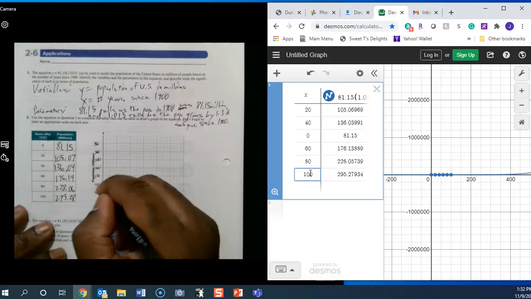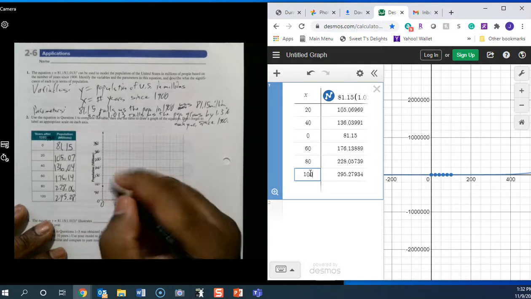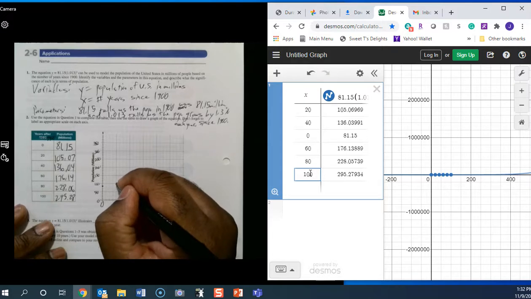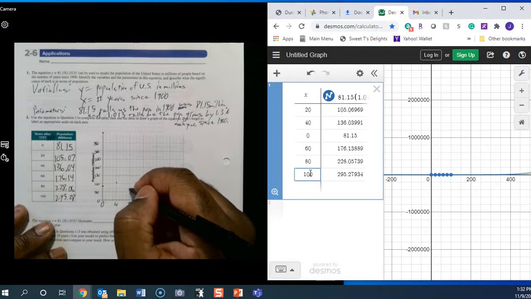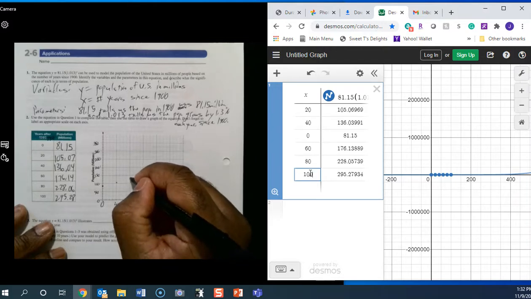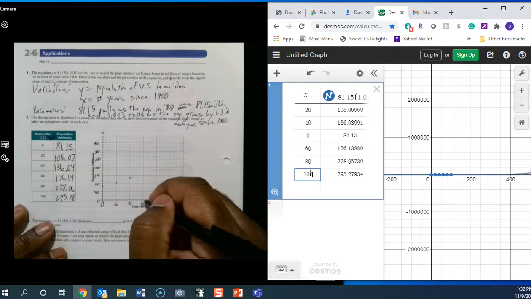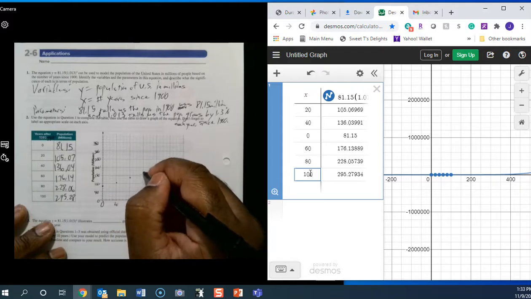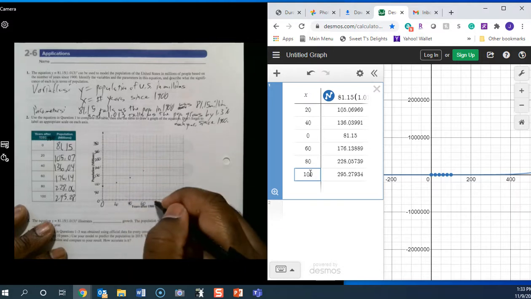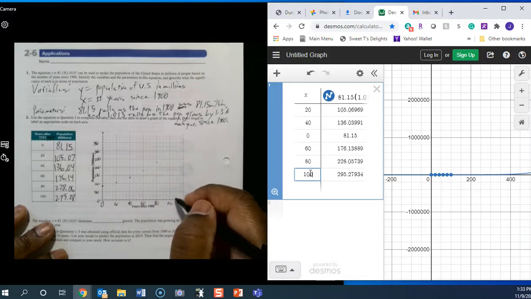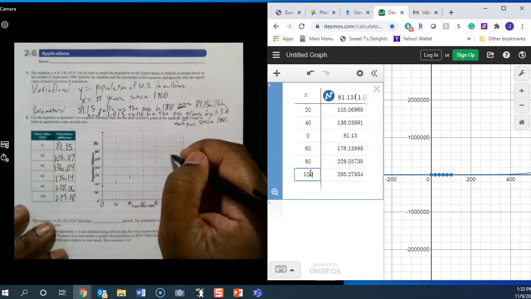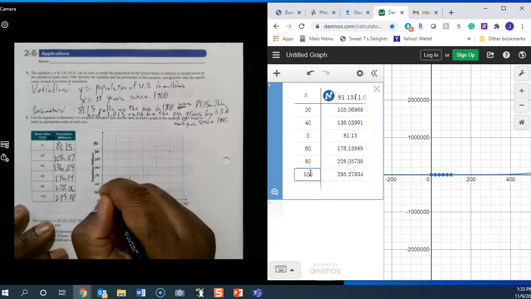Now we will graph this. 0, 81 is about here. Then 20, 105, about here. 40, we have 136. Then 60, we have 176. 80, we have 228. And then 100, we had 295, real close to 300. And we can connect these.